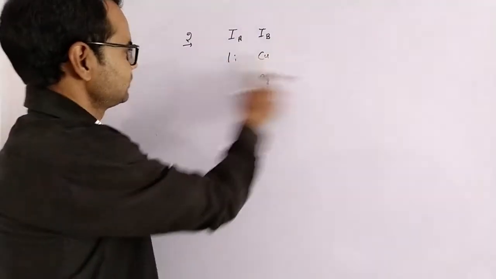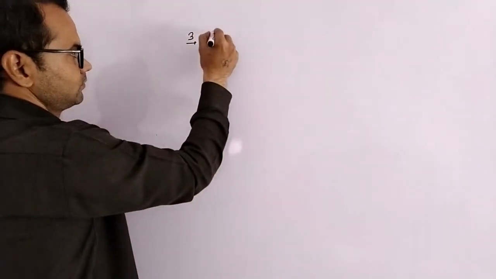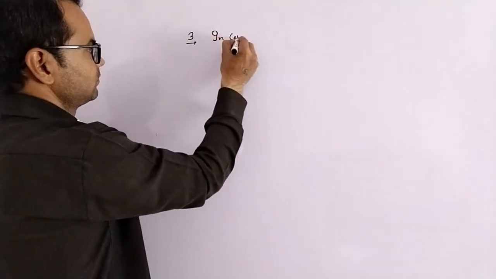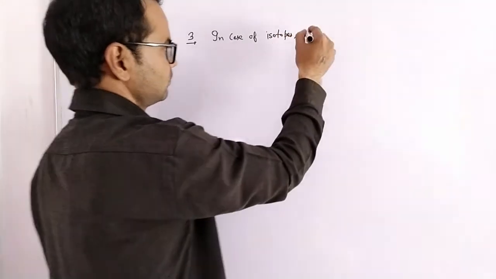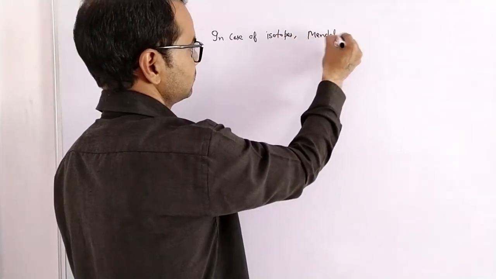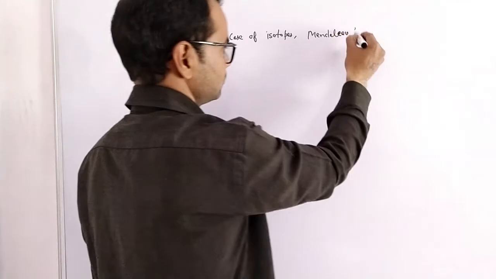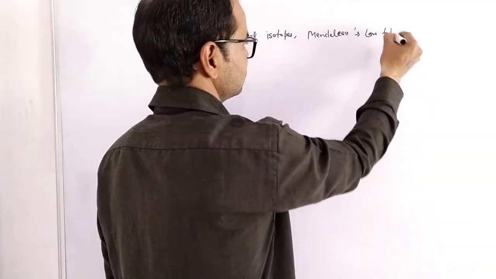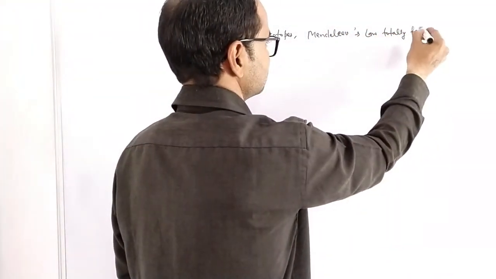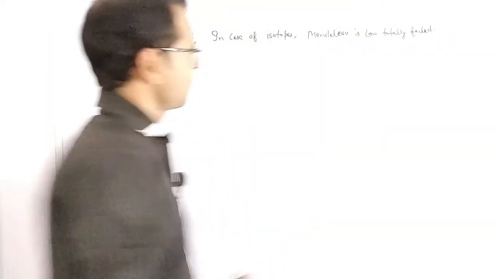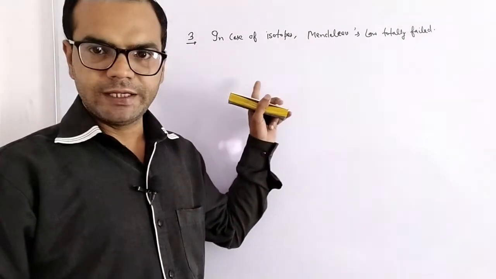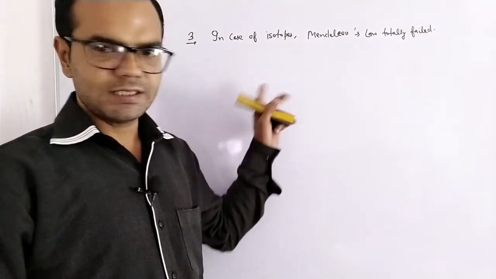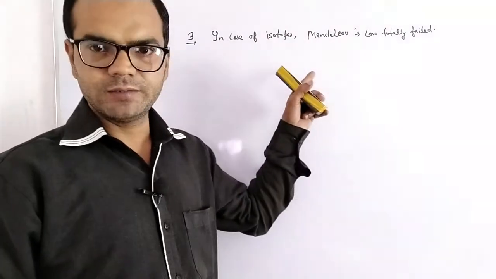Third, Mendeleev used the concept of atomic mass, and we know various atoms have the same atomic number and different atomic mass.